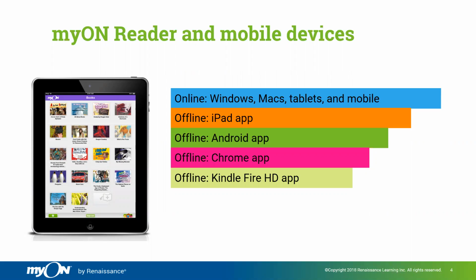Now, they don't get the full interaction with the books that they do in the online feature, but they will still have that audio narration. So if your students are going on holiday, they're abroad, they may be traveling somewhere, or commuting to school, they are still going to have that audio narration and be fully immersed in these books.